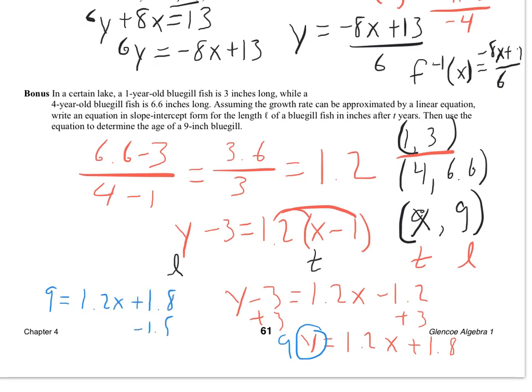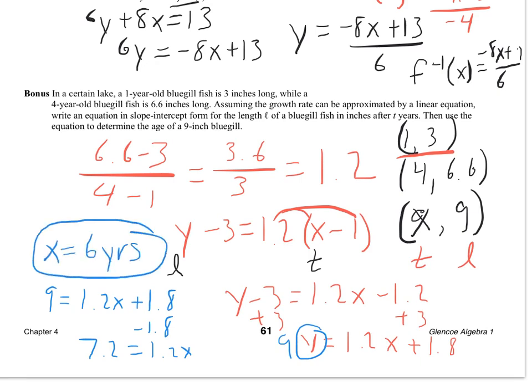Subtract the 1.8 over, 9 minus 1.8 should come out to be 7.2. 7.2 is equal to 1.2x. And if we divide 7.2 by 1.2, should come out to be 6 years old, I believe. Right? I think that's right. So that's how old the bluegill would be approximately. That's what we would make a very good educated guess at.